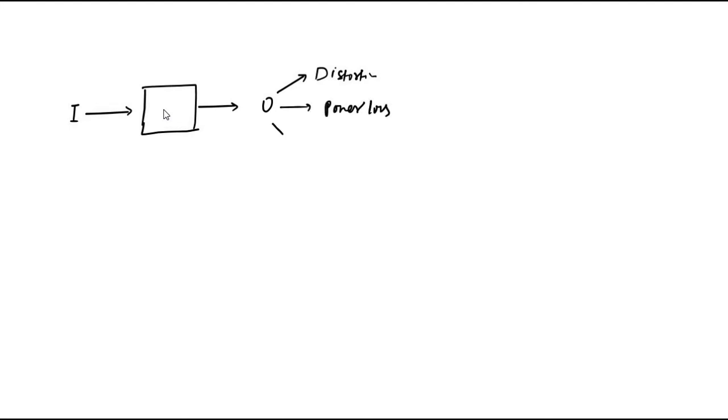Simply put, when an input signal is passed through a particular block or system, the output which we get is not exactly the same as the input, because of various reasons such as distortion, power loss, attenuation, and so on.